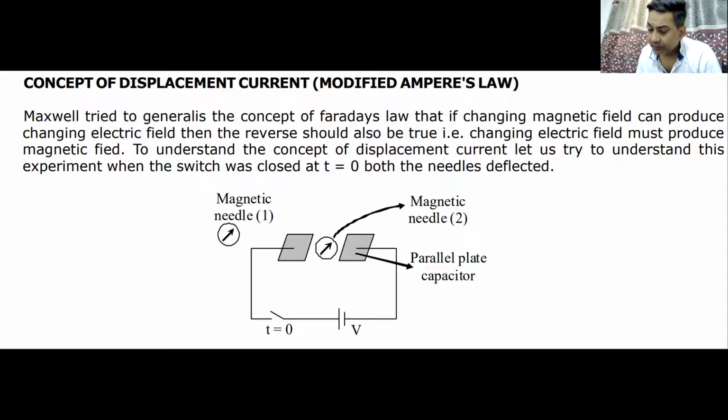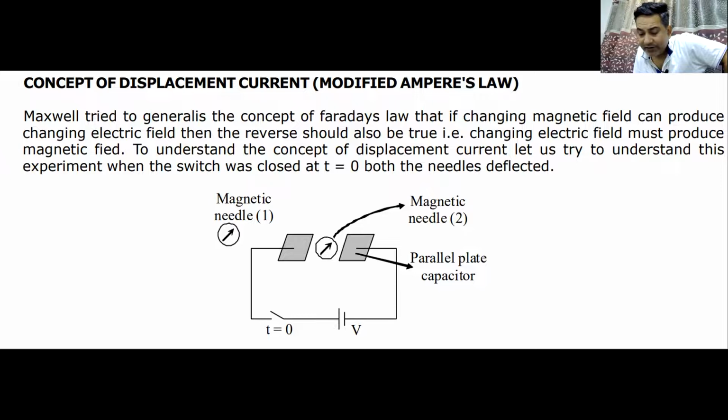So, if a changing magnetic field can produce electric field, that is what Faraday said. Maxwell said a changing electric field will also produce magnetic field, and that gives us the concept of displacement current.